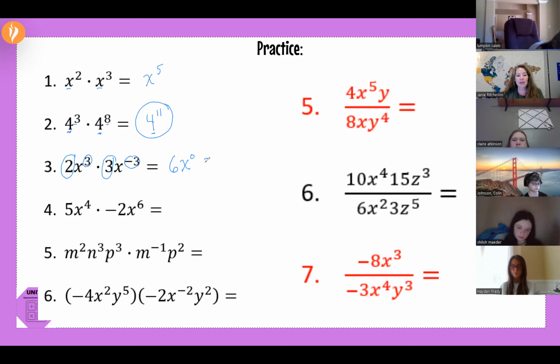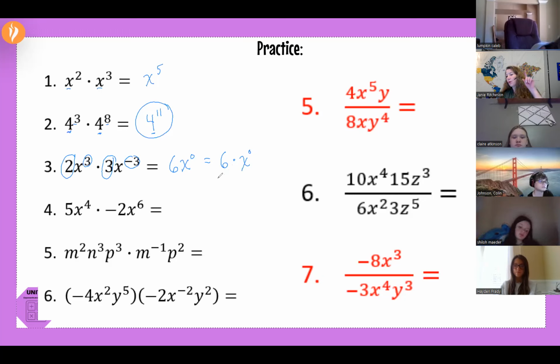So this is the same thing as saying 6 times x to the 0. And hopefully most of you remember, anything raised to the 0 power is equal to what? 1, remember? Yeah, 1. Anything raised to the 0 power is 1. So what is 6 times 1? 6 times 1 is 6. So number 3 simplified is just 6.